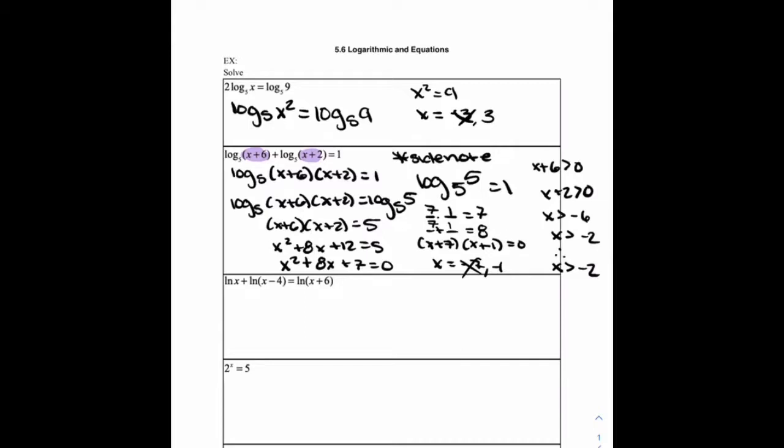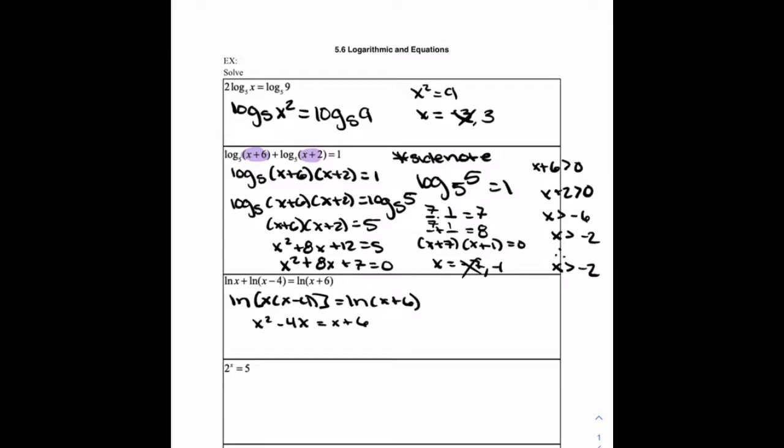Next, we have a natural log function, and we're going to use those properties again. So we have addition, and we have the same base, so we can change that to multiplication. So natural log x times x minus 4 equals natural log of x plus 6. If we distribute that and drop our bases, we get x squared minus 4x equals x plus 6.